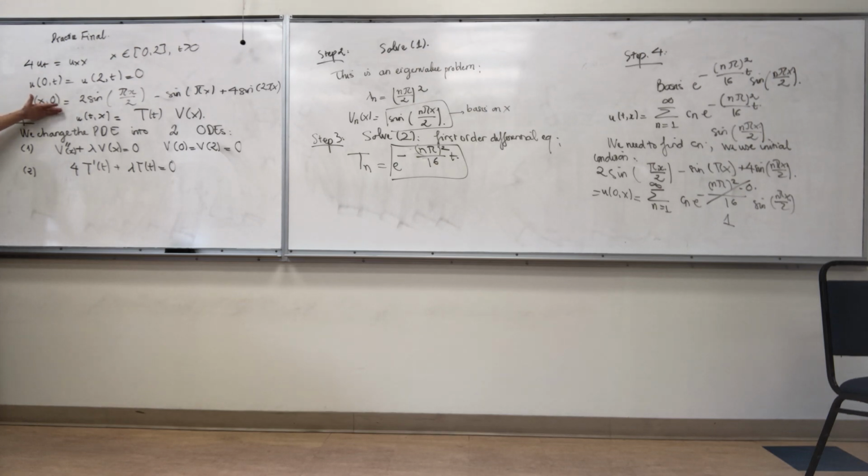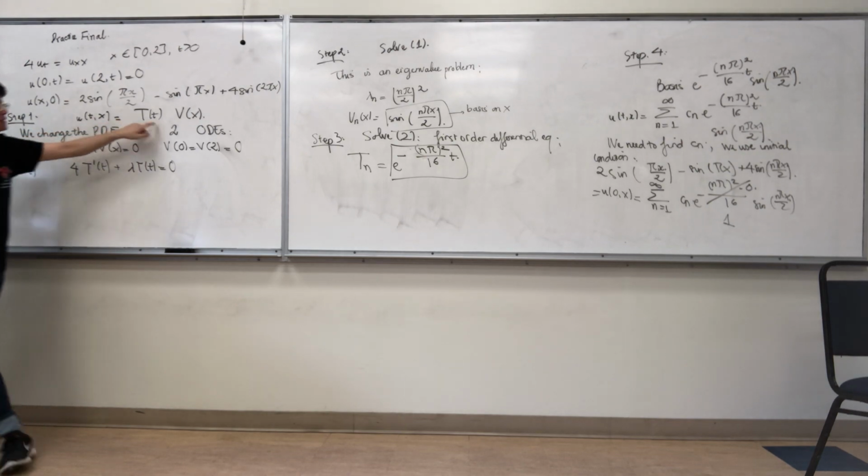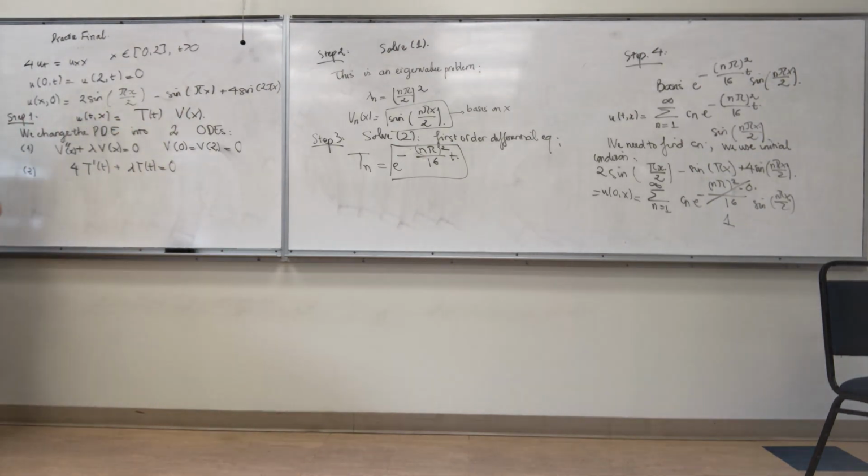So I explain again. To solve a heat equation which has first order in T and second order in X, you suppose that u(t,x) is the product of T and X, right? You plug this into the equation, you're going to get 2 equations. One is on X and one is on T, right?